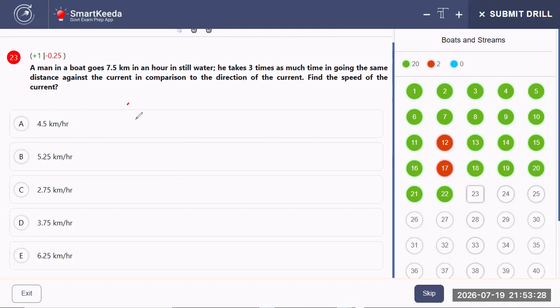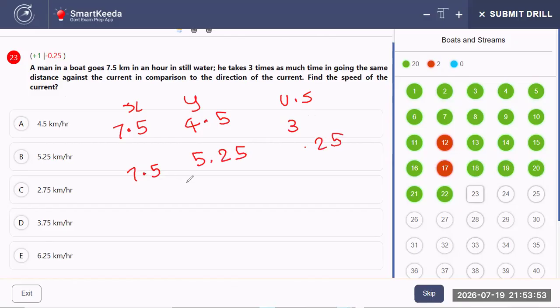Find the speed of the current. अभी मेरे को x का स्पीड रखना है, y का स्पीड अगर मैंने 4.5 रखा है तो ये यूएक्स जो है वो 3 आ जाएगी. अगर x जो है मेरा 7.5 रखा, y जो है मैंने 5.25 रखा तो यहाँ पे मेरे को 2.5, नहीं 5 minus 5.25 or 0.25.